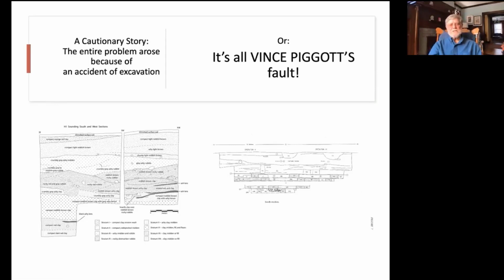And the reason that this is Vince's fault is that when Bill Sumner was trying to figure out where to dig at Malyan, I am told, and you can correct me, Vince, that they took Vince Piggott up to a rise in the middle of the site. They blindfolded him, and they turned him around and around in a circle, and they gave him a stone or a sherd, and he threw it.